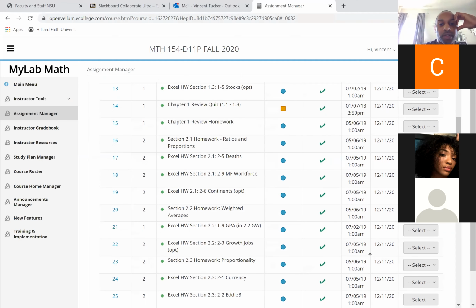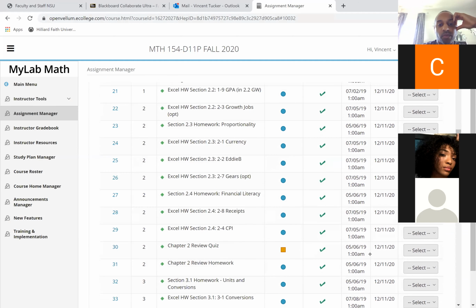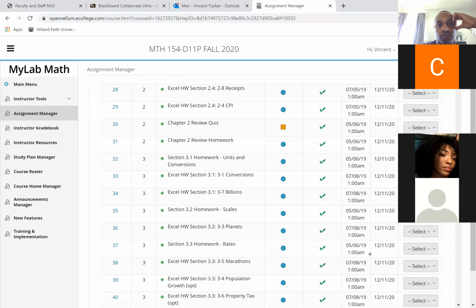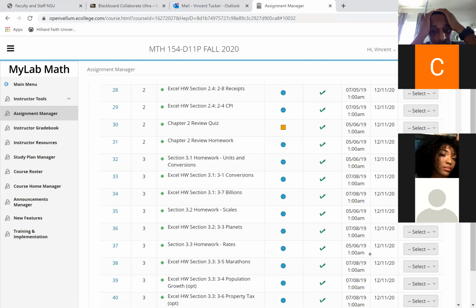So next class, we will be looking at starting 3.1. Unless you guys have questions. If you come to the class with questions, of course, I'll address those first. Now, if you have Excel questions, oh, that's another thing. Don't forget, just like with office hours, if you need to meet with me, I have been meeting with people outside of class time. Shoot me an email so we can set that up.